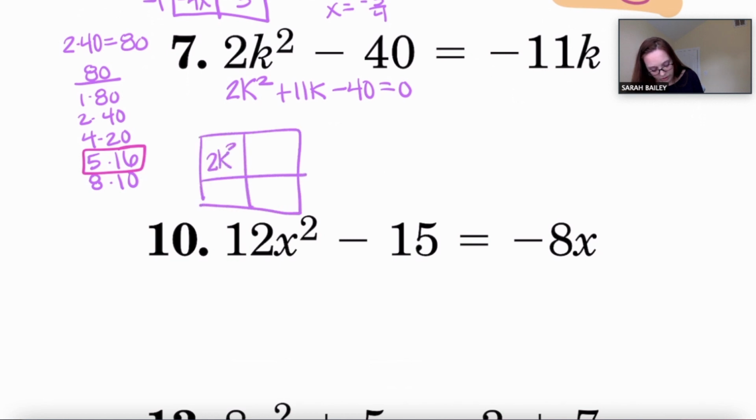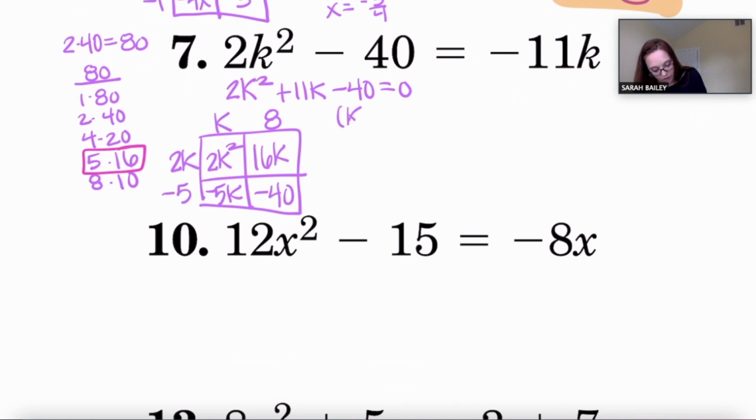That's 2k squared. That's a negative 40. I need a 16k minus 5k to give me 11. All right, the 16 and the 40, we can take 4 out. Oh, scratch that. We can take 8 out, can't we? There we go. And the 2k and the negative 5k, so that's just going to be k. We can take 2k out this way, negative 5.